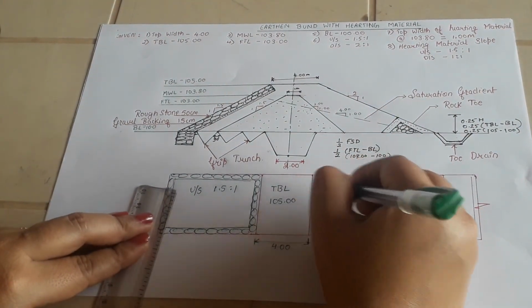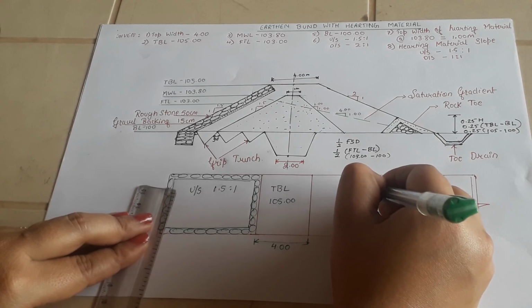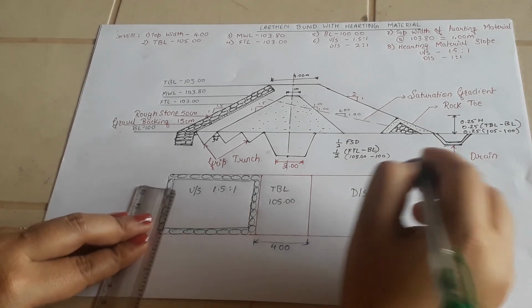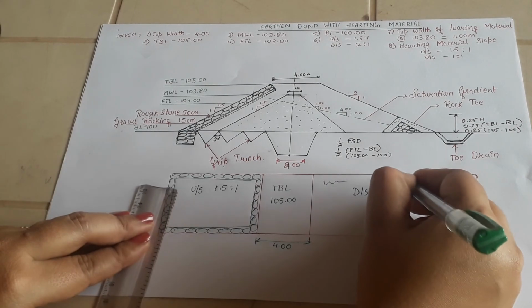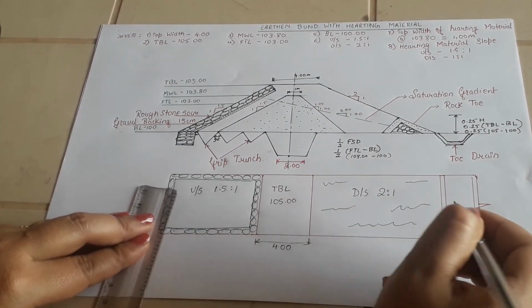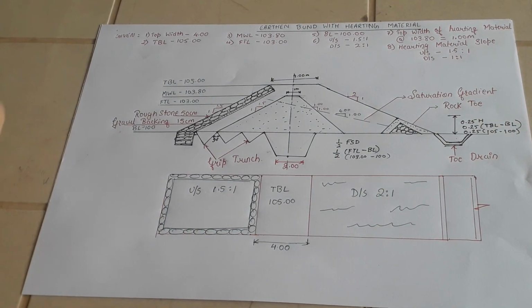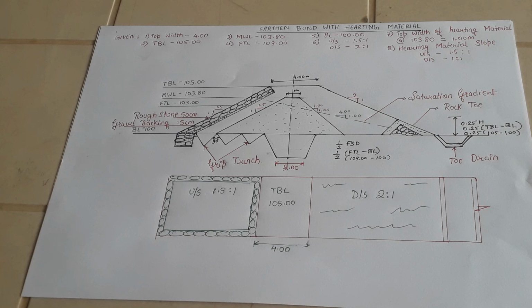Now here, this is the downstream slope of 2:1. I hope it is clear. Thank you.